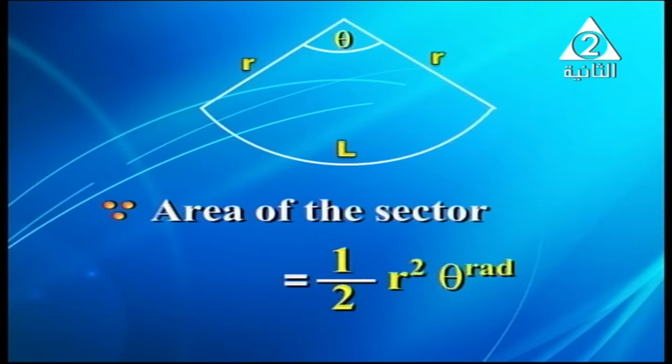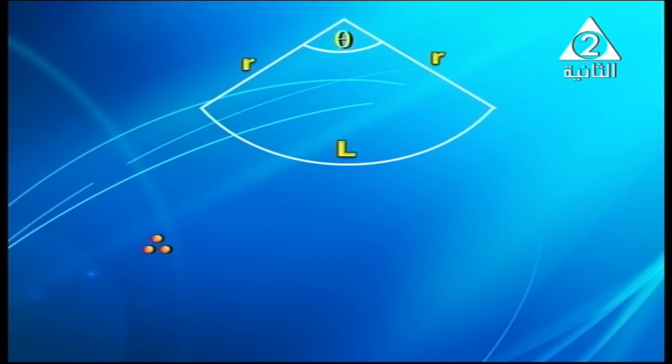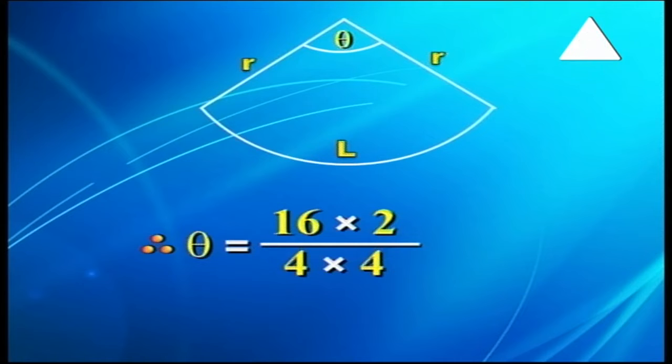Theta radian equals L over r. We have area of sector equals 1 over 2 r squared theta radian. Then by substitution about the area, theta equals 16 times 2 over 4 times 4, equals 2 radian.